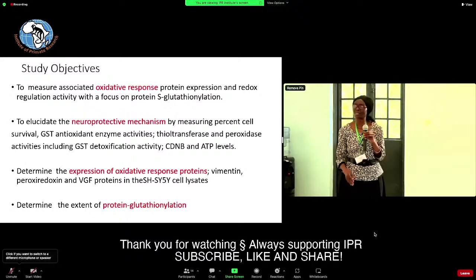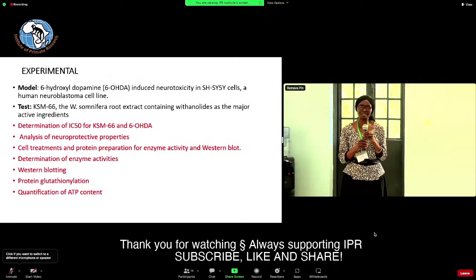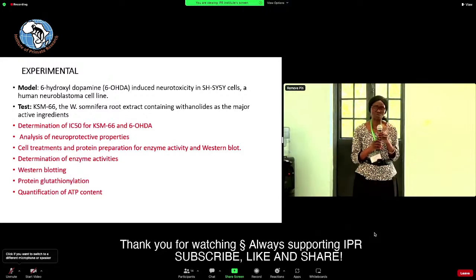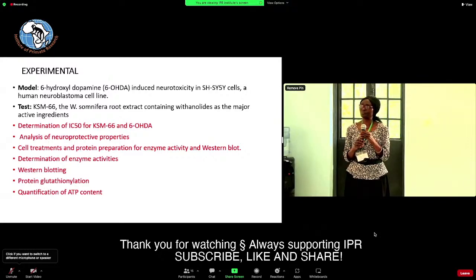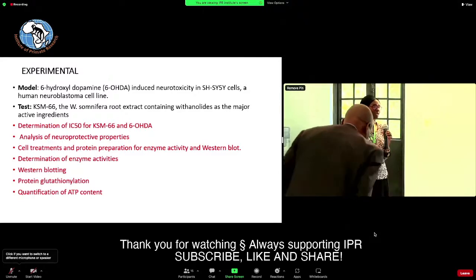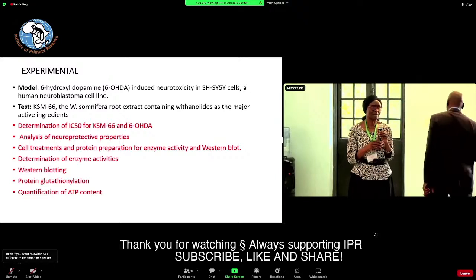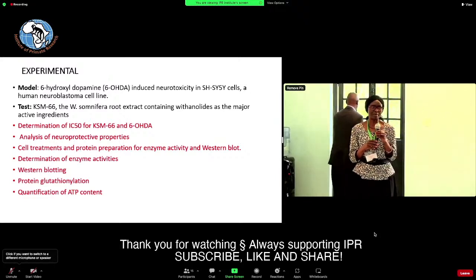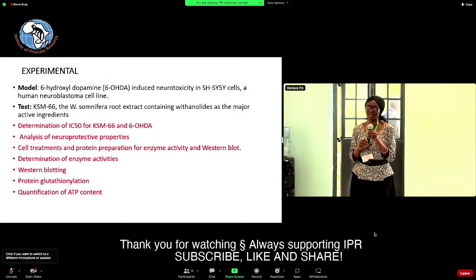Next. So experimentally, the researchers set up various experiments: the determination of the inhibitory concentration 50 of the test compound, which is named KSM, and of 6-hydroxydopamine, which is the one being used to induce Parkinson's dopaminergic deficiency in the cells.